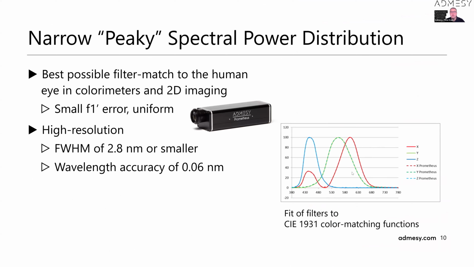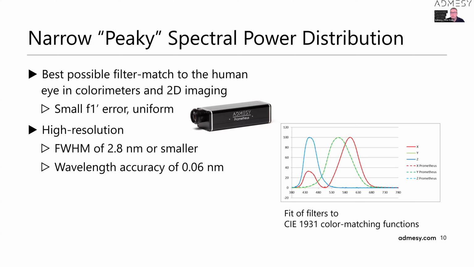It's not the sensitivity of our cones, but it's correlated to that and basically comes down to the sensitivity of the eye, how we perceive the colors. And so you need to make sure that the filters you use in those instruments are very accurate and that they match to those target functions as good as possible.